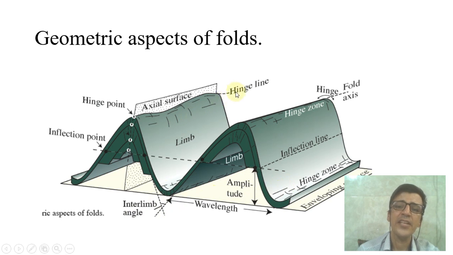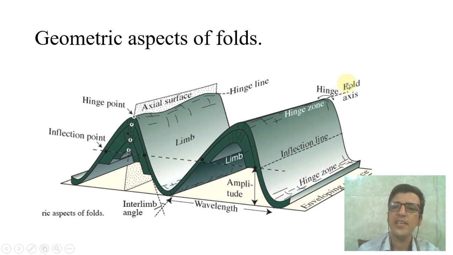Sometimes instead of a hinge line we have a hinge zone. What is the difference? A hinge line has a linear structure, but sometimes we have a zone, a wider area for the changing of direction, and this is a hinge zone.